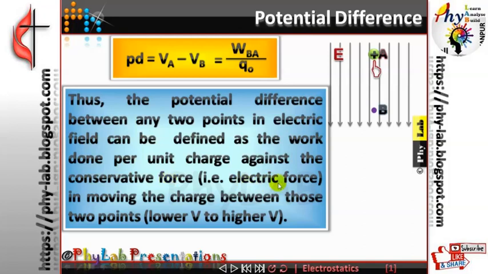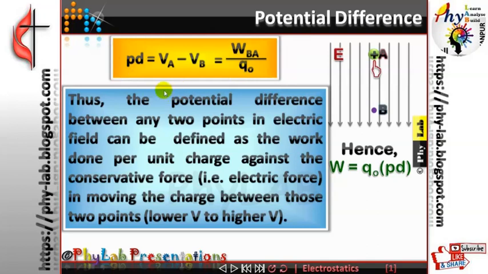Here in this case it is electric force. So work done per unit charge in moving the charge from lower potential to a region of higher potential, friends. So work done is equal to Q naught times potential difference. How? See, this is the work done. Take Q naught over there.